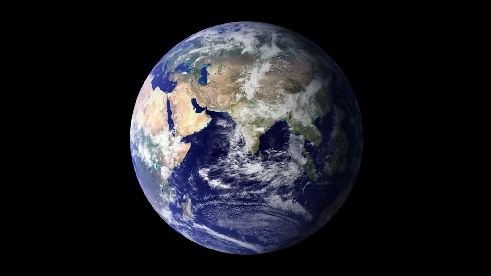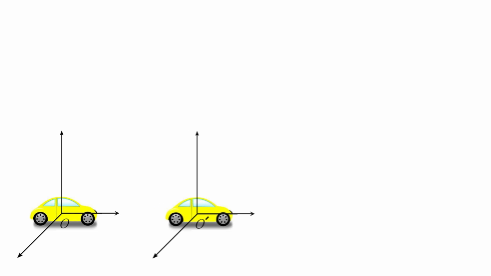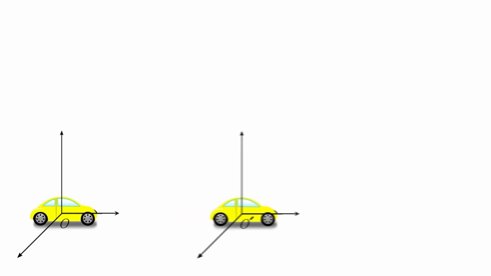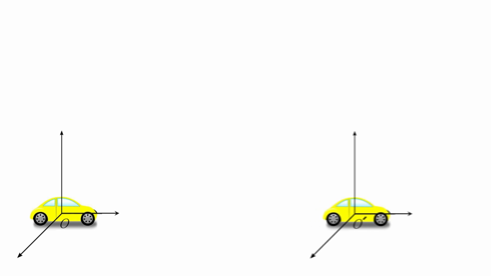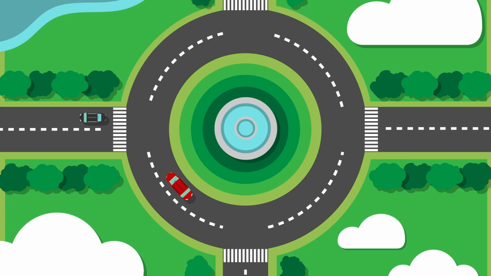Any frame attached to the earth, an inertial frame of reference. Any frame of reference moving with constant velocity with respect to an inertial frame of reference is an inertial frame of reference. But the frame of reference attached to an accelerating body is not an inertial frame of reference. This is the third concept you need to understand very thoroughly.